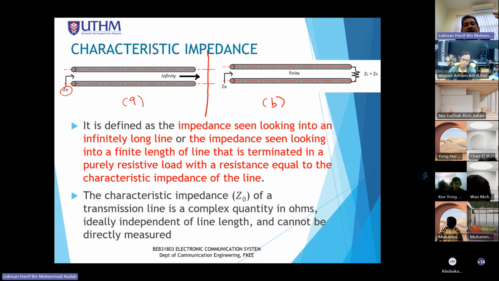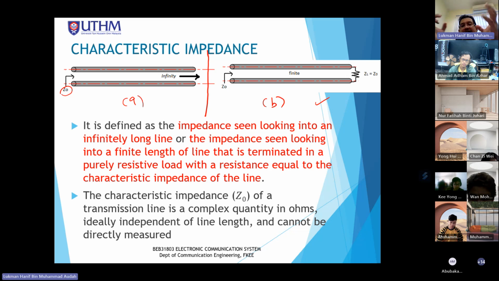If I repeat again, the characteristic impedance is the input impedance for a long transmission line, picture A. And if we look into picture B, imagine that we have a finite length of transmission line.